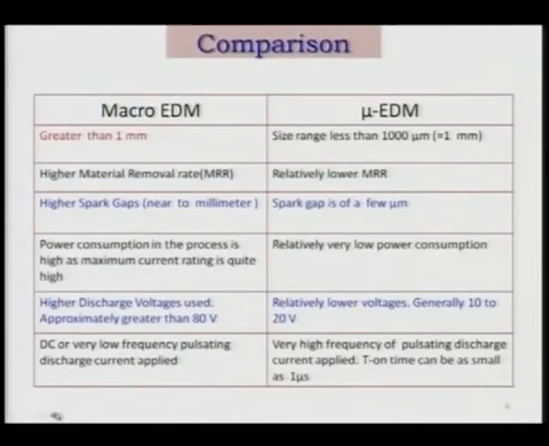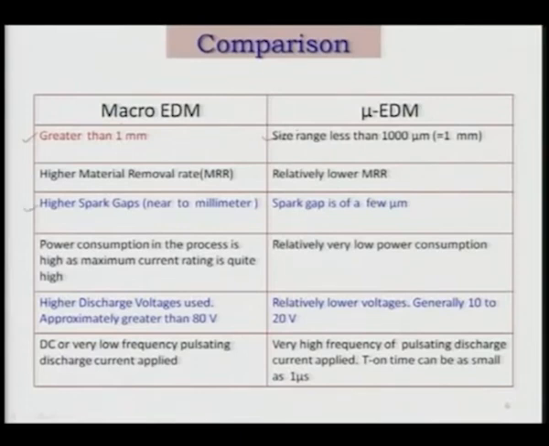As you can see, in macro EDM the size of the parts or the features that you are creating is bigger than 1 millimeter, while in electric discharge micro machining or micro EDM, the size is below or less than 1000 micrometer. In macro EDM, material removal is higher compared to the material removal rate in micro EDM.